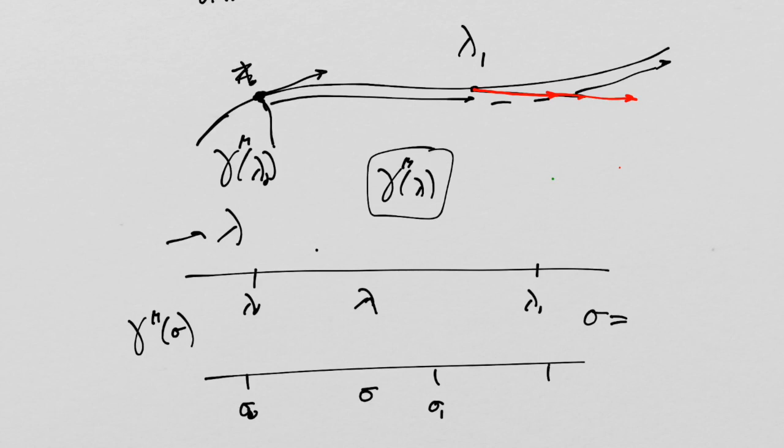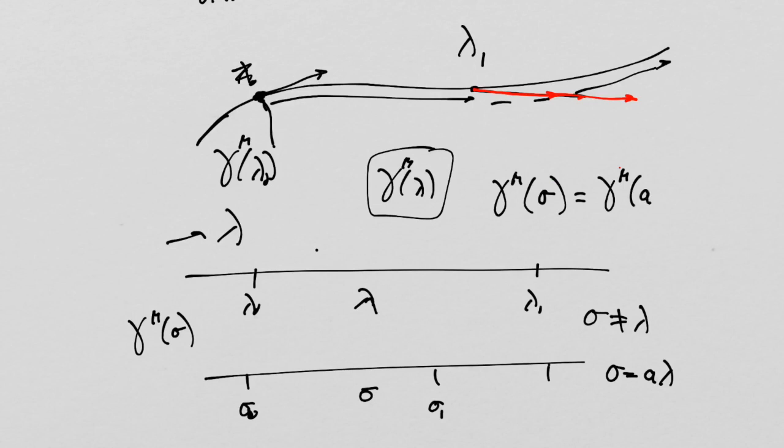But imagine, say, sigma is some constant a times lambda. Then I know that gamma of sigma is simply gamma of a times lambda.